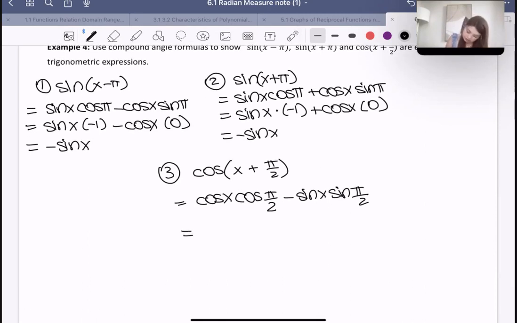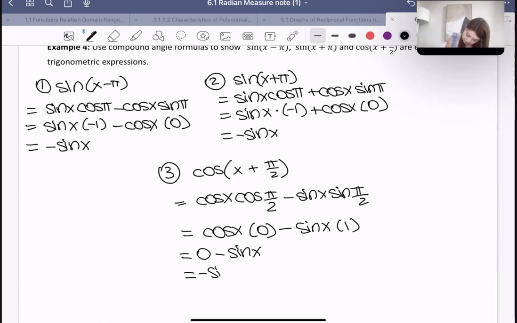And what is cosine of pi over 2? Well, that's going to be 0, right? So we have cos x times 0 minus sine x times sine pi over 2, which, what is sine pi over 2? That's going to be 1, right? If we think about our graph. So we're going to end up with 0 minus sine x, which is just negative sine x.